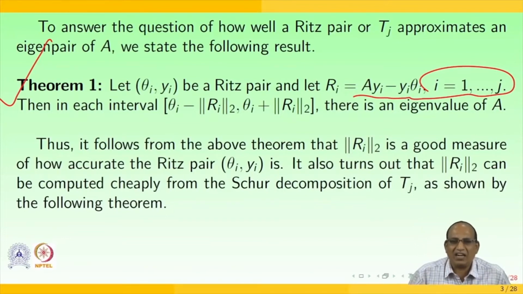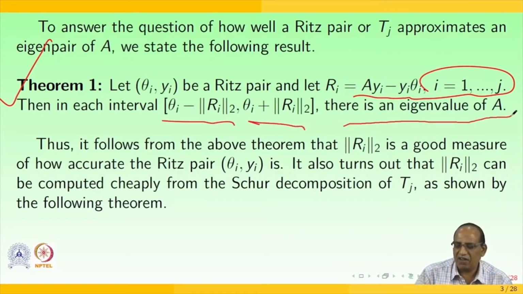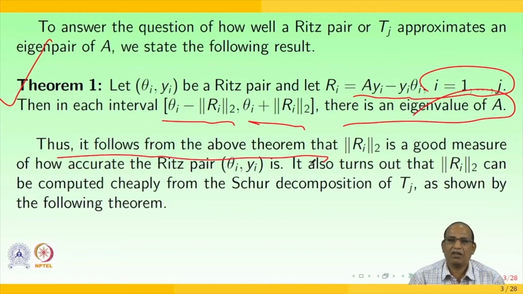Then in each interval, theta i minus norm of Ri 2 to theta i plus norm of Ri 2, there is an eigenvalue of A. Thus, it follows from the above theorem that norm of Ri 2 is a good measure of how accurate the Ritz pair (theta i, yi) is.